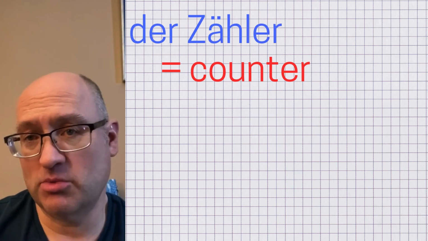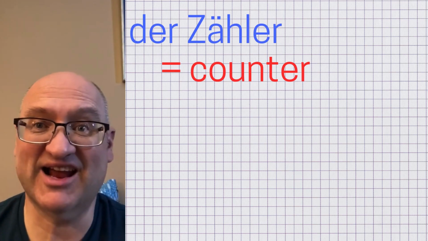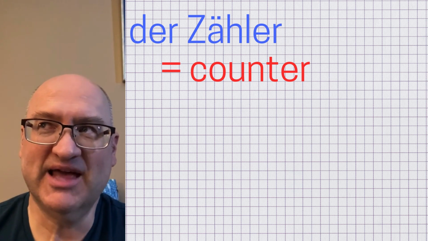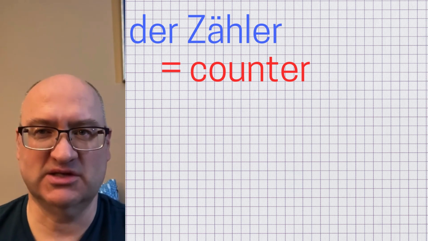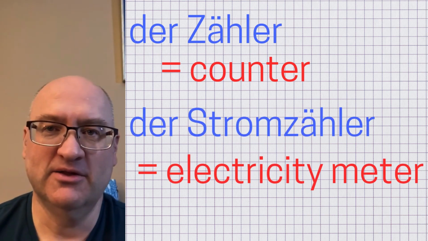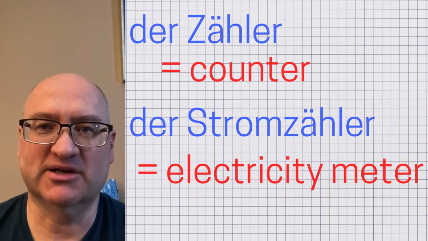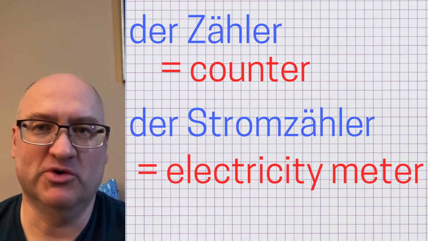We also have the German noun der Zähler, which literally means a counter, and that usually is used in a specific context. So for instance, der Stromzähler, the electricity counter, the electric meter, really.